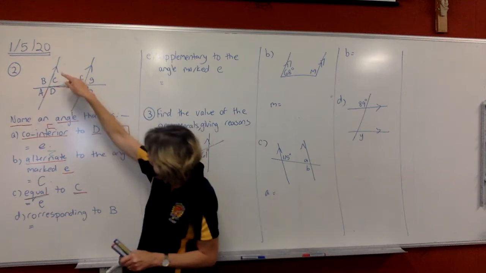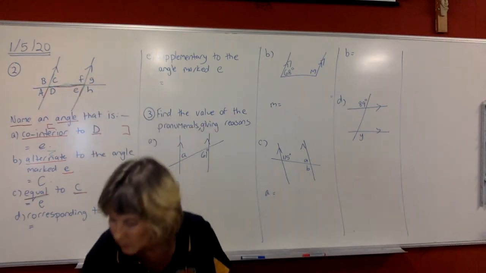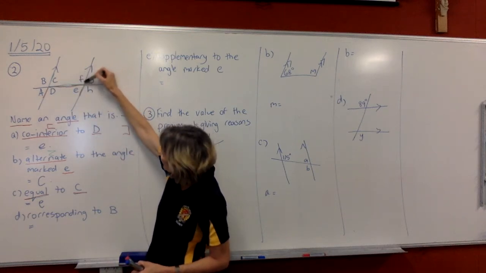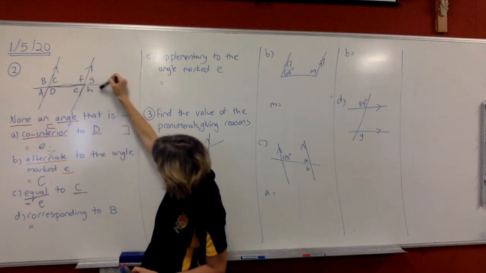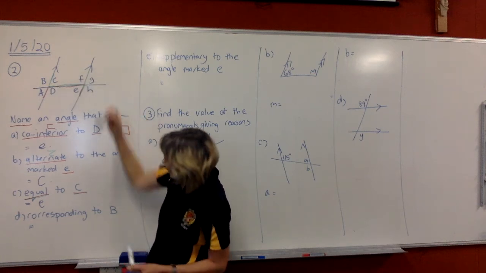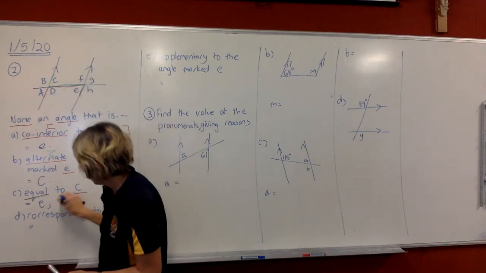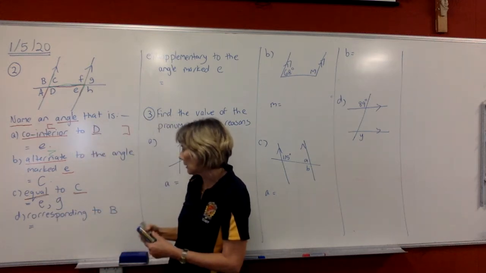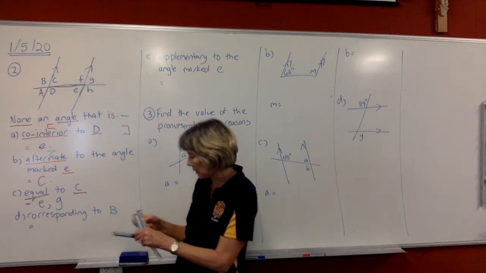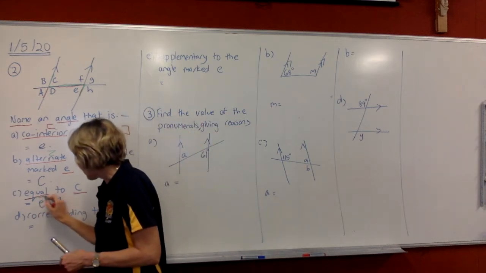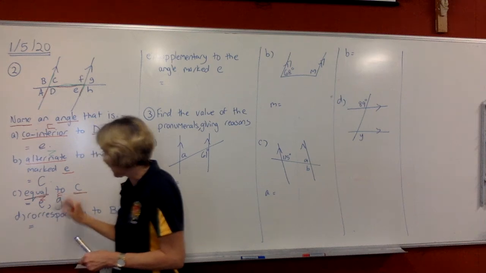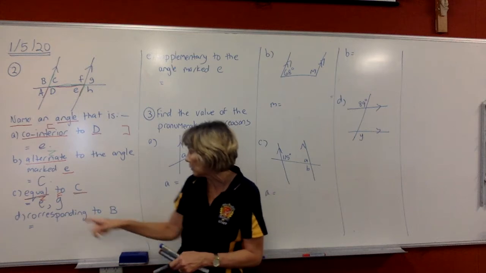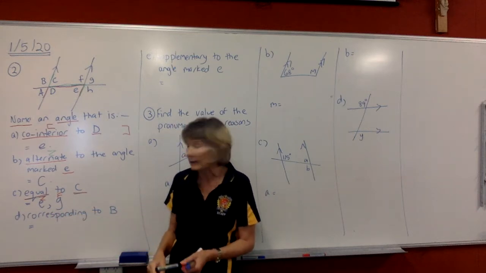If you can imagine, if I go round the C shape and I go around the G, I will form an F. So I could say that G is also going to be equal to C, because that's going to be corresponding. So in this one here, we've got a Z shape, and this one's going to be an F shape, and we know that alternate angles are equal, and we know that corresponding angles are equal, so either of these could be your answer.